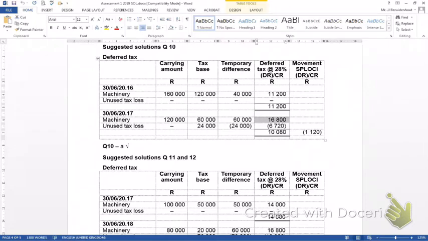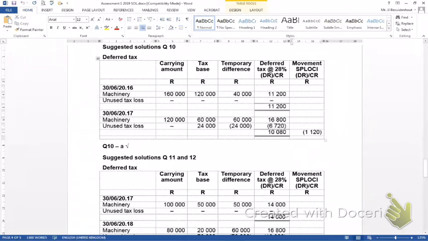Now, because you have an unused tax loss, that tax loss will have to be a debit deferred tax entry. So we calculate the tax loss as 24,000, which was given to you in the question. Your tax on that 24,000 was the 6,720 figure there.